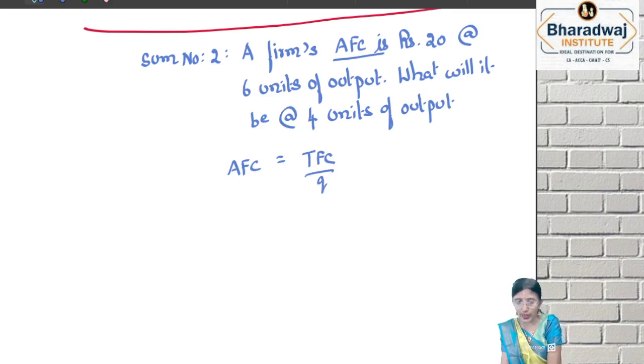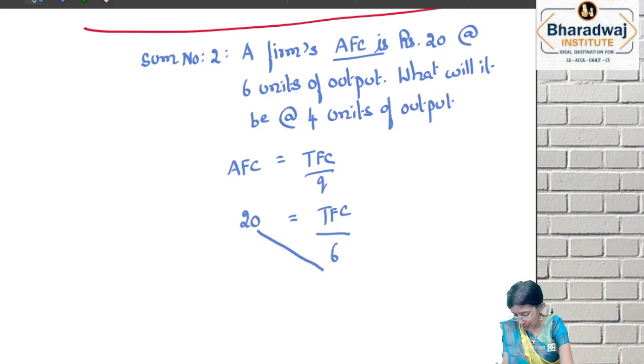So, now I do that and I have AFC already which is being given and I also have the units. So, my AFC is 20 and here TFC is there and here I have my Q as 6. Now when I multiply these two, I will get TFC. So my TFC will be 20 into 6 which is 120.